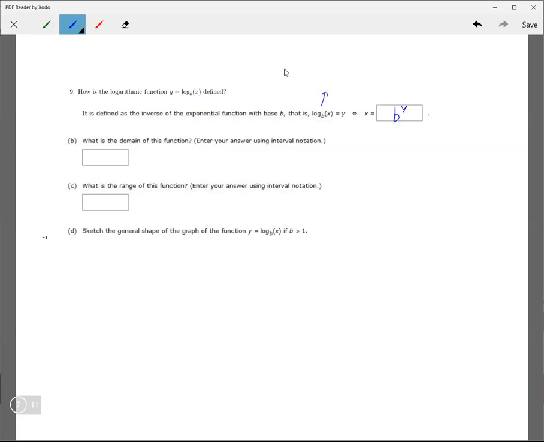Because one thing you could do is take b and raise it to both sides. And because of the inverse property, b to the log base b of x is just x.